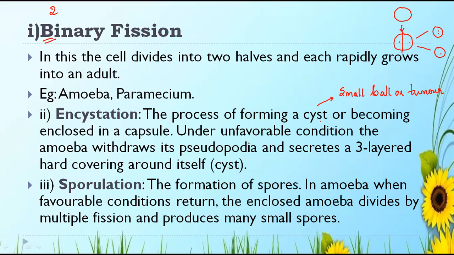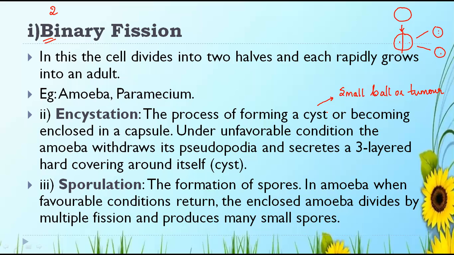What do you mean by cyst? Cysts are small skin balls or a kind of tumors, and small cysts are formed in your body also. There is cyst formation which does not do any kind of harm.